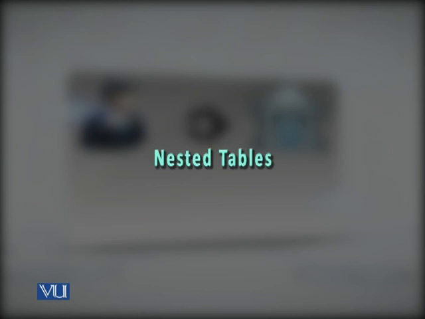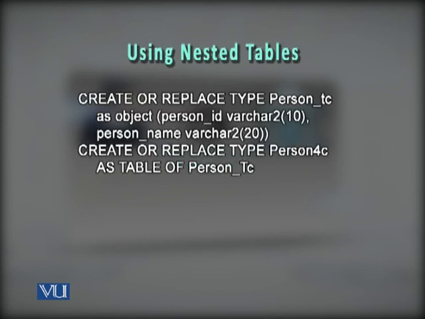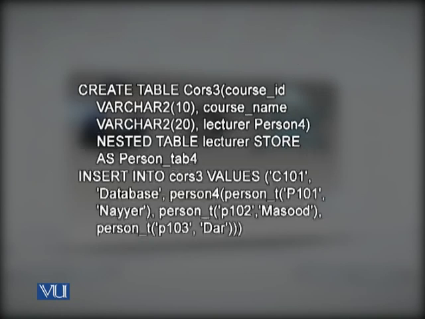So we will use the nested table feature to implement this existence dependent aggregation, which we can also call composition. In this case, we take the example of the person and the course. We define a course object, or course table, or course class, you can say, and we define the lecturer or teacher as a nested table inside the course.